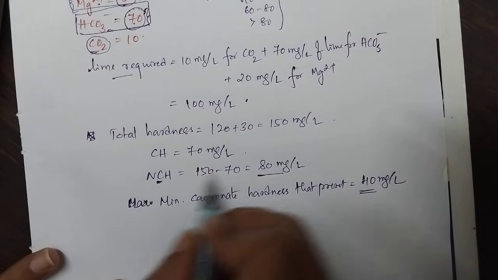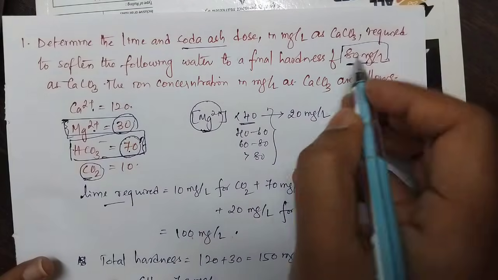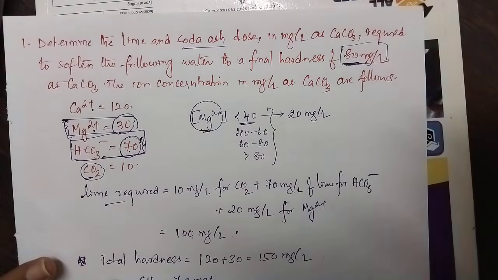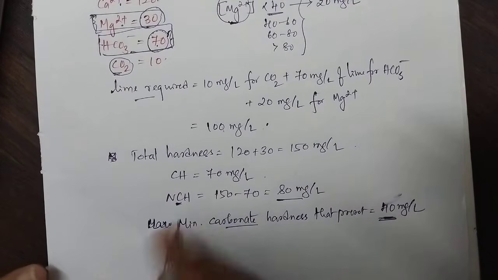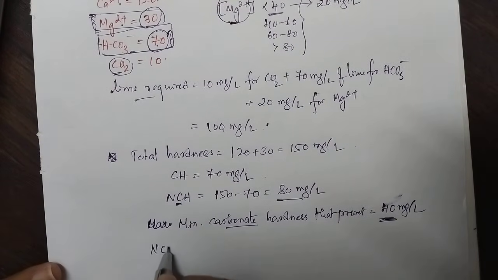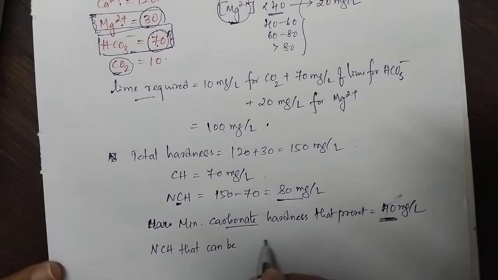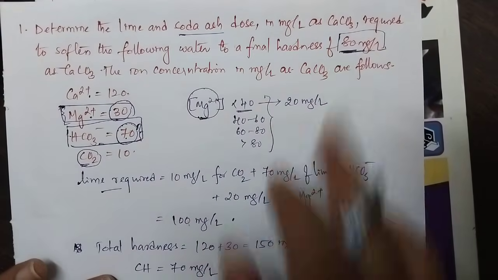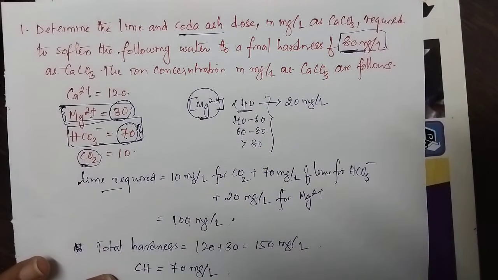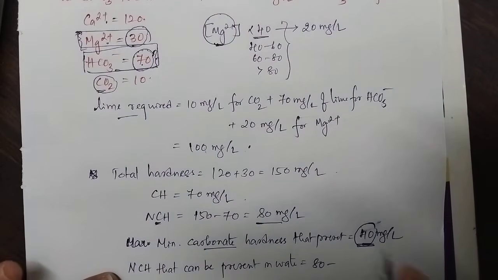Since you want finally 80, but 40 milligram per liter will go to carbonate hardness, the non-carbonate hardness that can be present in water is 80 minus 40, which definitely is present due to solubility.